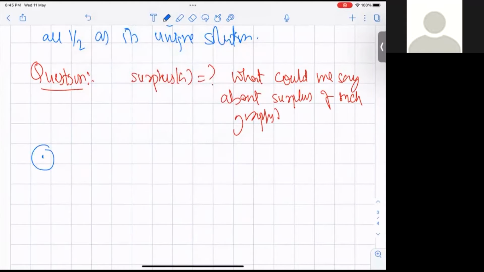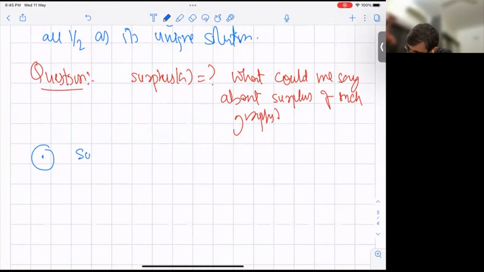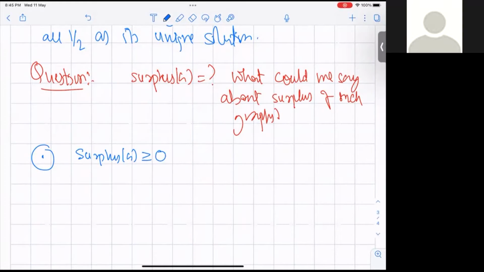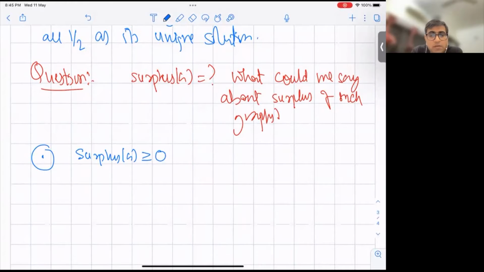Okay. Why? So Sonak is saying surplus of G should be greater than or equal to 0. Am I right? Is that your claim, Sonak? Yes. How many of you agree with his claim? If you agree with his claim, can you put +1?